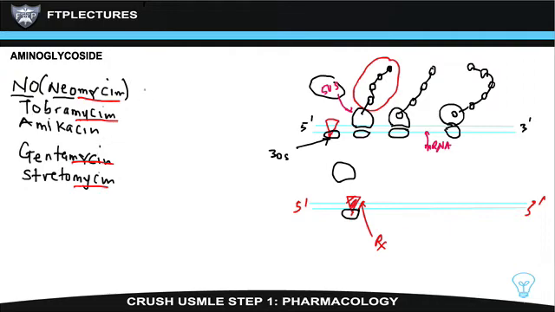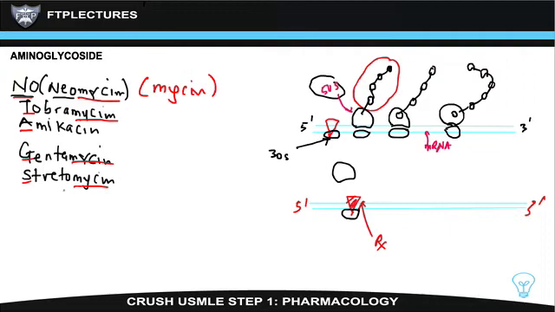So if you ever see the word mycin, that should tell you, wait a minute, I think we are thinking about an aminoglycoside, okay? Remember that. That's very important. But the mnemonic is the most important. NO TAGS: neomycin, tobramycin, amikacin, gentamicin, and streptomycin.